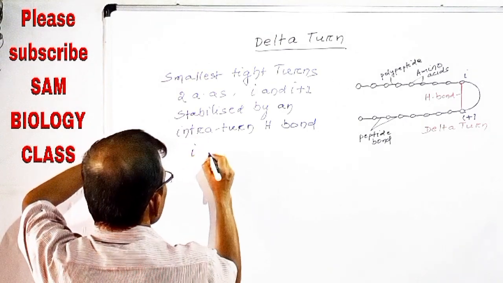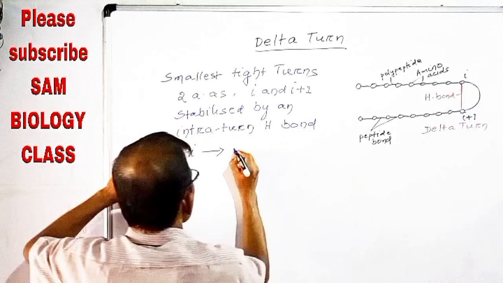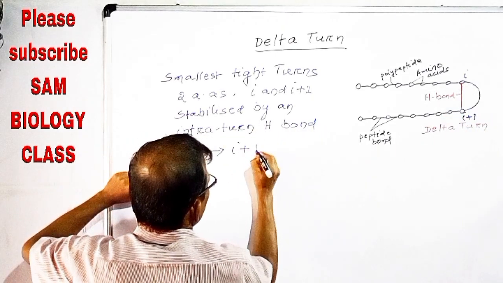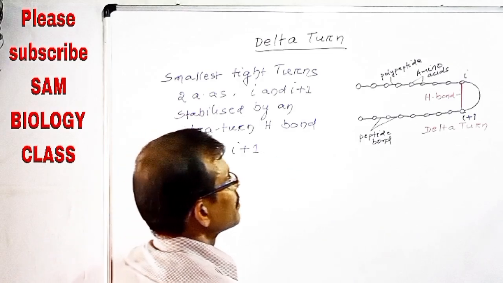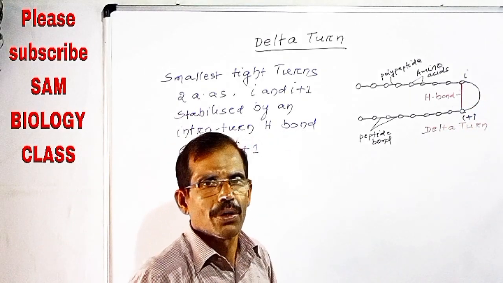So the hydrogen bond is formed between residue i and i plus 1. In delta turn, the two residues are separated by one peptide bond.